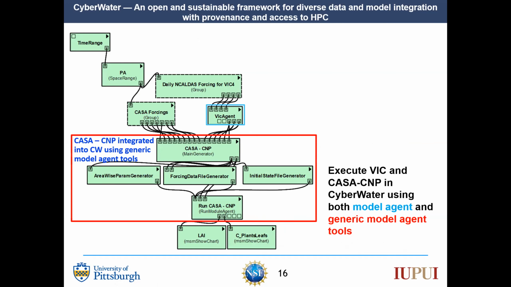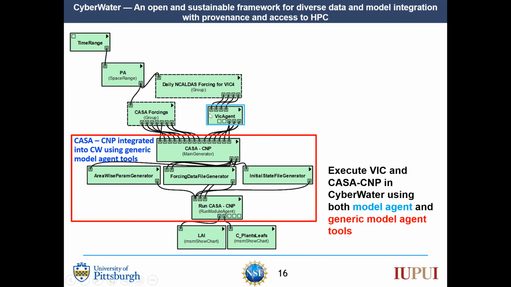Okay, so in the previous examples, I showed you how to have models integrated into the CyberWater system and have them coupled, either by using the model agent approach or the generic model agent tool approach. And in this example, what I want to show you is that you can use both approaches in combination to integrate your model and have them coupled with each other.